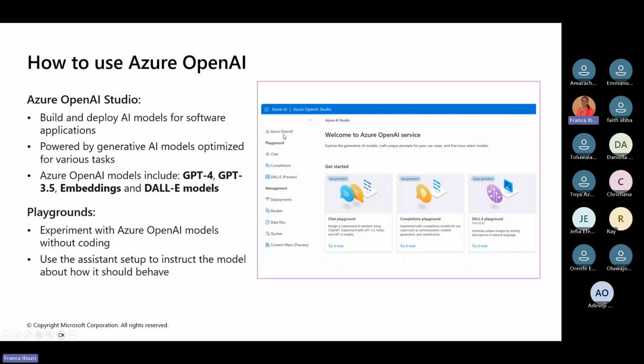Here you can see DALL-E, and management with deployments, models, data files, tools, and content filters. This is powered by generative AI models optimized for various tasks. I did mention that Azure OpenAI models include GPT-4, GPT-3.5, embeddings, and DALL-E models.